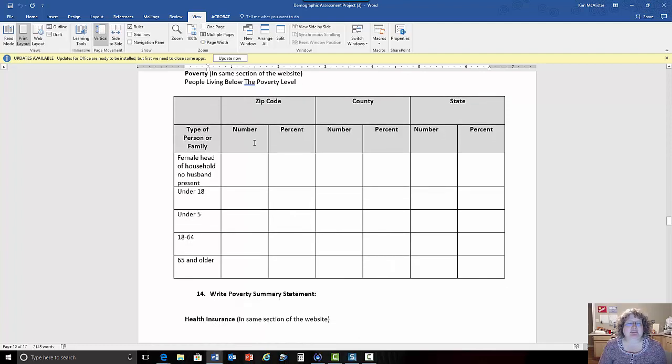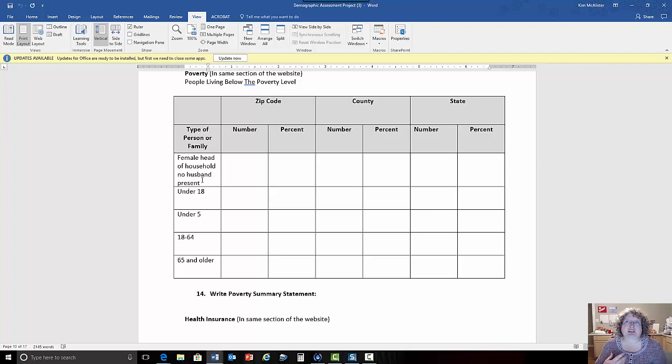Poverty. This looks specifically at how many people are living in poverty. Is this a female head of household? Is there no husband present, or no other partner present? Generally speaking, women who are single mothers are at the greatest risk for living in poverty.